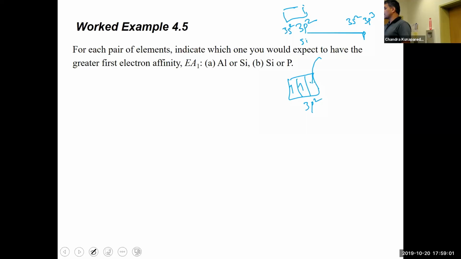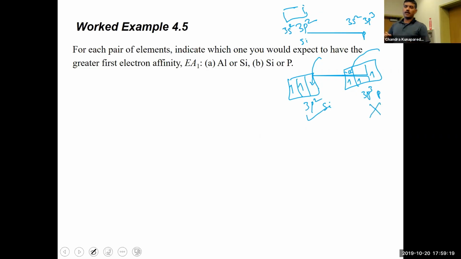So the new electron is going to join here for silicon, compared to phosphorus, with an electron here, here, and here. The new electron is going to be added here because it is 3p3 for phosphorus. So this one is easier to add, this one is not that easy to add. So silicon should have a greater electron affinity value than phosphorus.